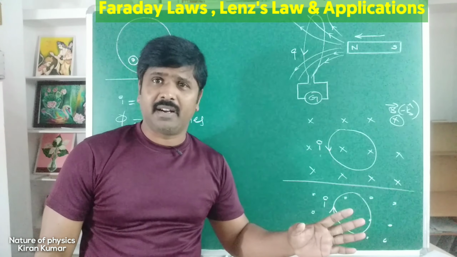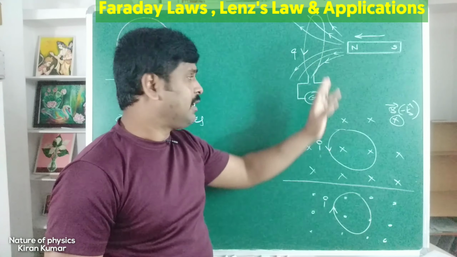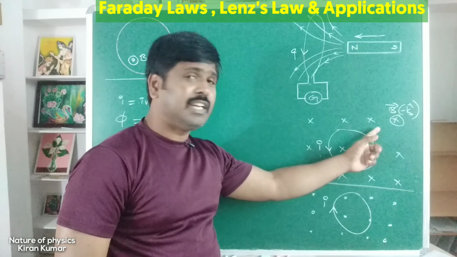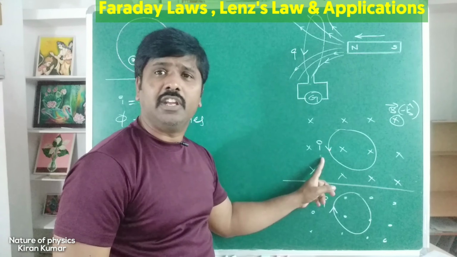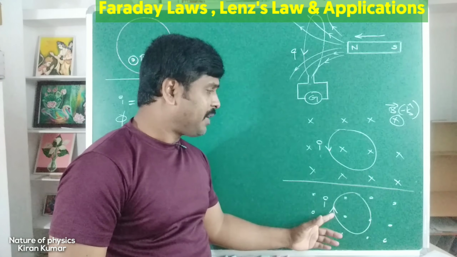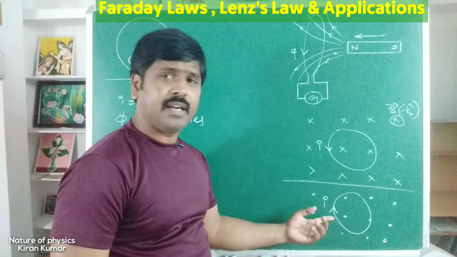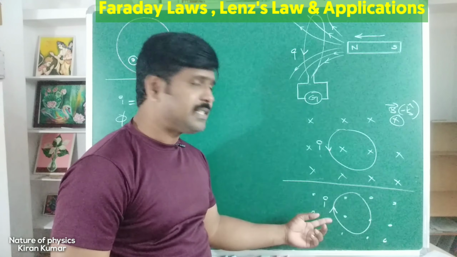Please try to understand. When the magnet is entering towards the coil, that is nothing but the magnetic field going into the coil, and the induced current direction is anti-clockwise. If the magnetic field is out of the paper, then the direction of the current is opposite to this, so the current direction is clockwise.